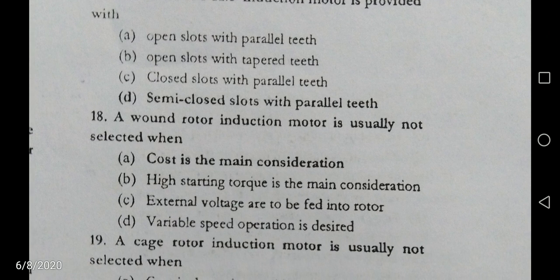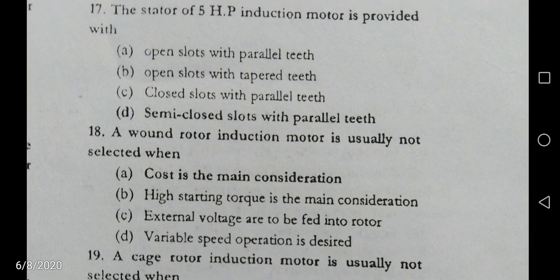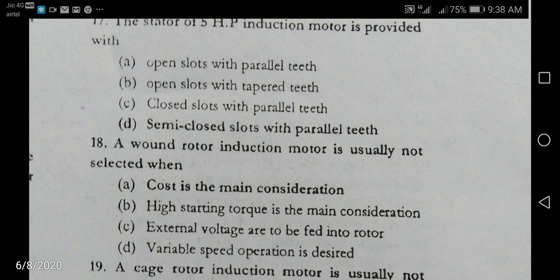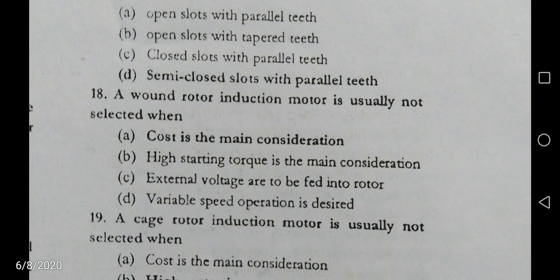A wound rotor induction motor is usually not selected when: cost is the main consideration; high starting torque is the main consideration; external voltage is to be fed into the rotor; variable speed operation is desired.